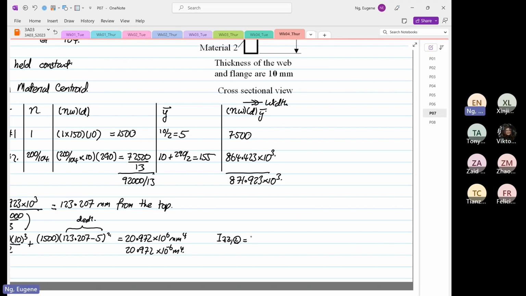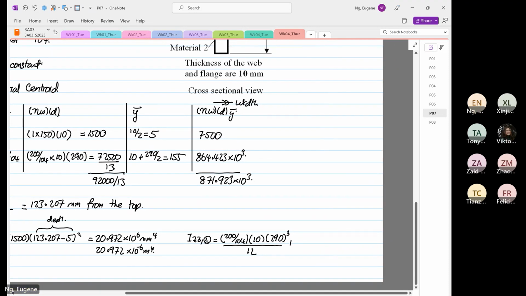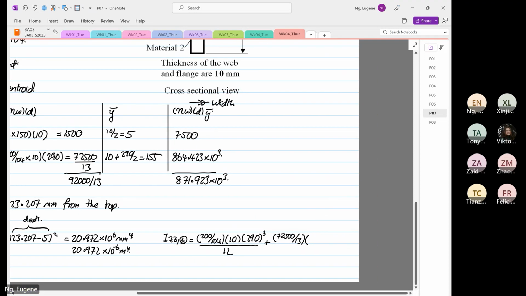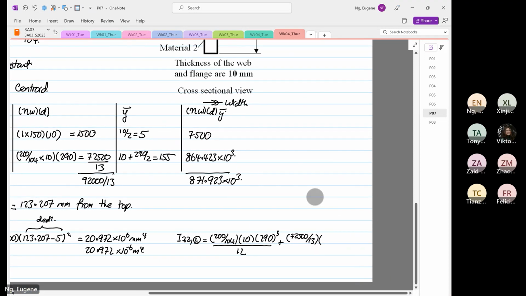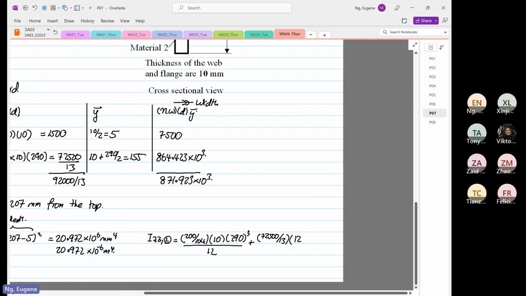is equal to 200 over 104 multiplied by 10, 290 cubed over 12, then plus 72500 over 13 bracket 123.207 minus 155 squared.